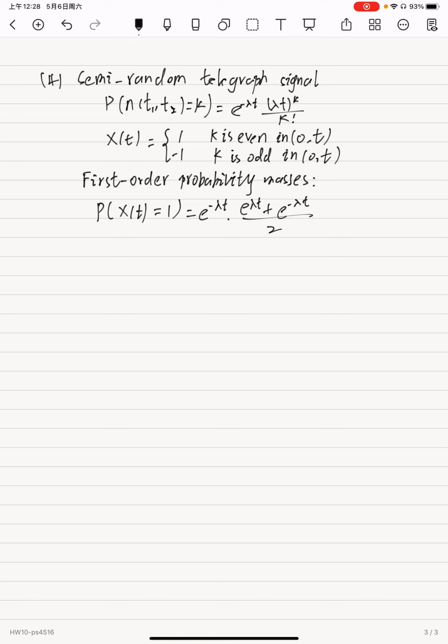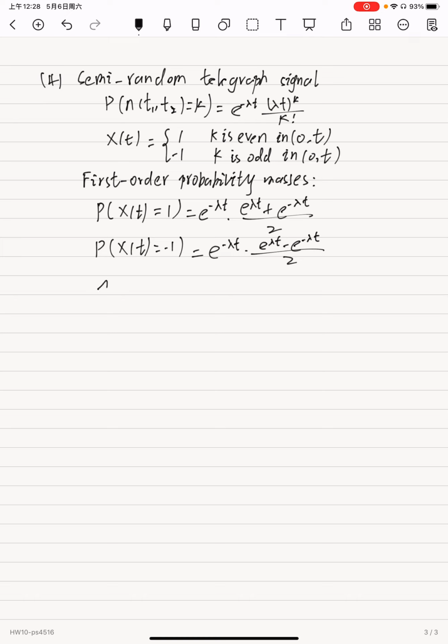And P(X(t) equals negative 1) equals e to the negative lambda t times (e to the lambda t minus e to the negative lambda t) divided by 2.